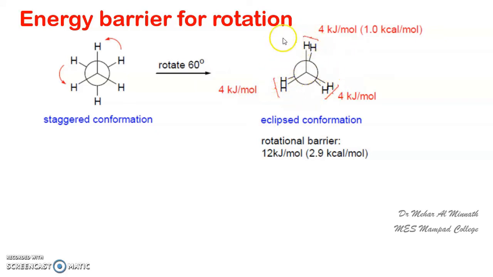So altogether, there will be around 12 kilojoules per mole of increase in energy, or 2.9 kilocalories per mole. Now we need to see why this 12.1 kilojoules per mole increase in energy is there between the staggered and eclipsed.